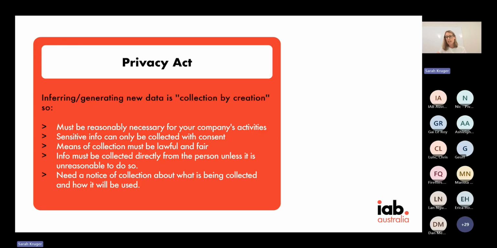Any sensitive information needs consent. Means of collection must be lawful and fair. First-party data, the information must be collected directly from the person unless it's unreasonable to do so. And you need a notice of collection about what is being collected and how it will be used. So again, similar, which I hope is reassuring.